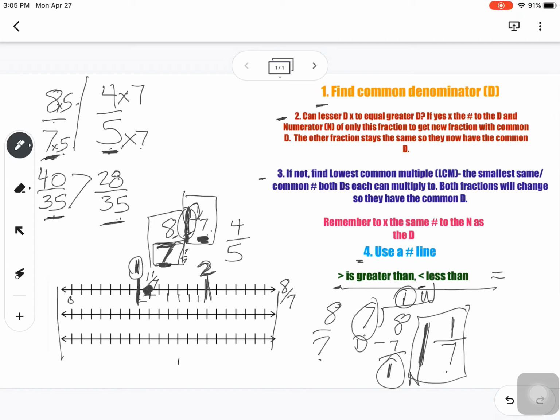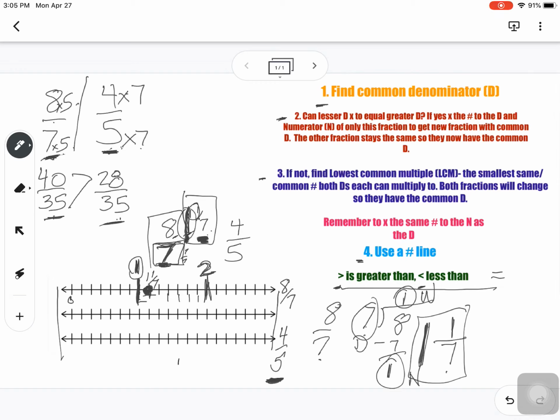I move down to the next number line and I'm going to do 4/5. So 4/5 is a proper fraction, so I do not need to convert it into anything. I do know that I need to divide this number line into fifths because the denominator is telling me. So 1 whole part will be divided into 5.